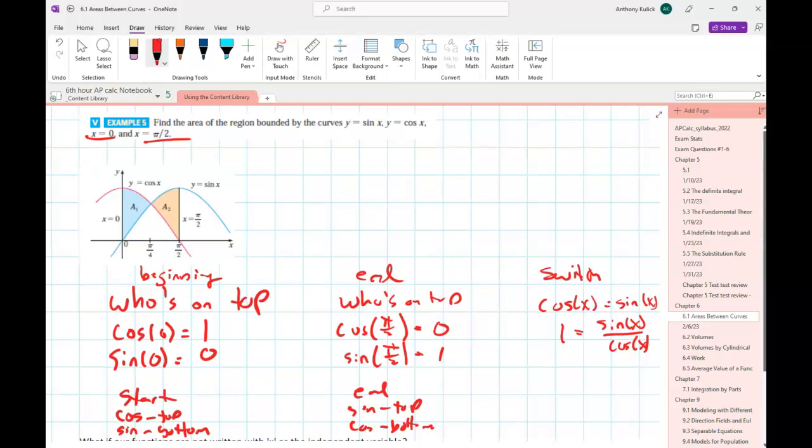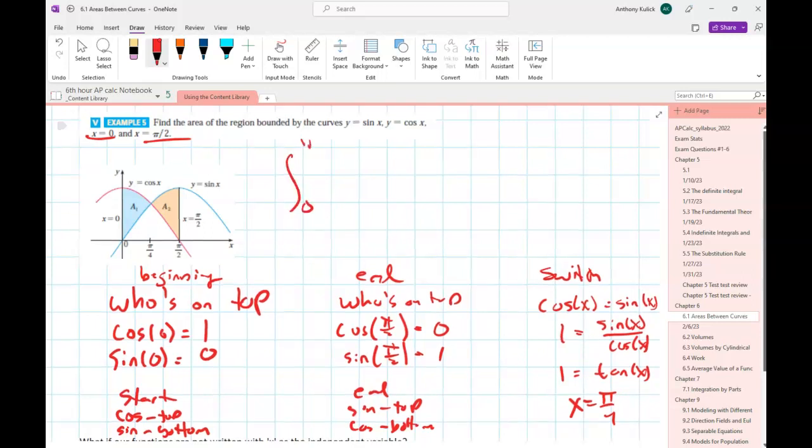Sine over cosine is tangent. Tangent is equal to 1 at pi over 4. So either way is fine, whether you've memorized your unit circle well enough to see that those two are equal at pi over 4, or you do it algebraically a little bit.